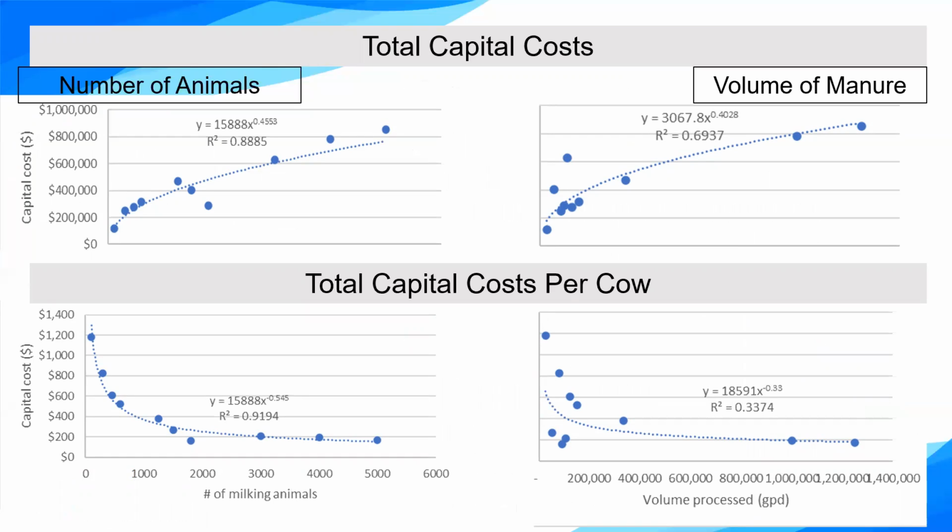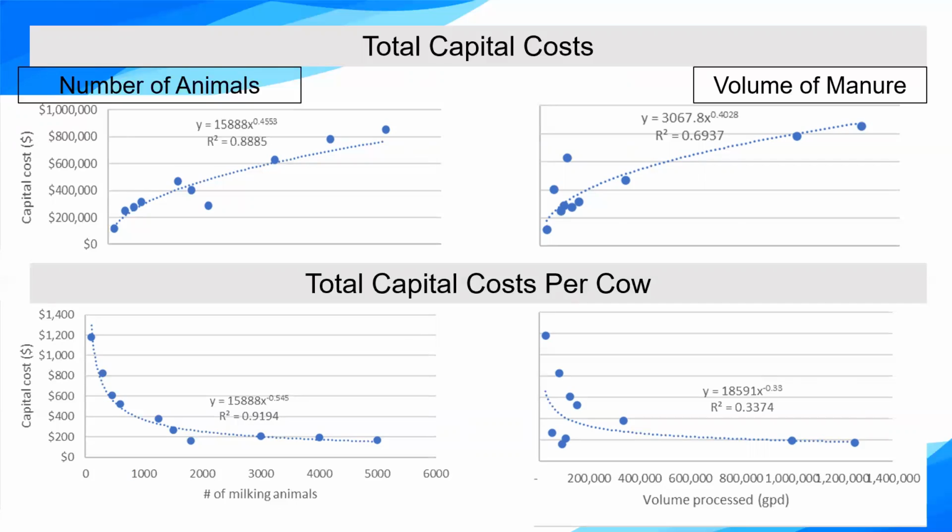And this would be total capital costs, but I would have similar sorts of data for each of those cost components. The two top figures show total capital costs. The two bottom figures show capital cost per cow. The left panels show the number of animals as the explanatory variable, and the panels on the right use volume of manure processed.